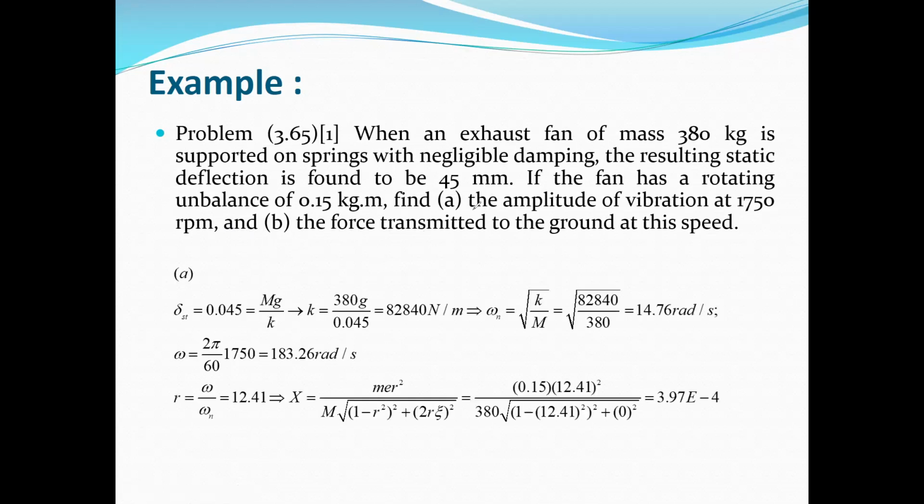So for part A, we need to calculate the amplitude of vibration when the frequency of the motion is 1750 RPM. You should convert it into radian per second to obtain the frequency of the rotation for the rotating unbalance. And from the given data, we can calculate the natural frequency of the system.